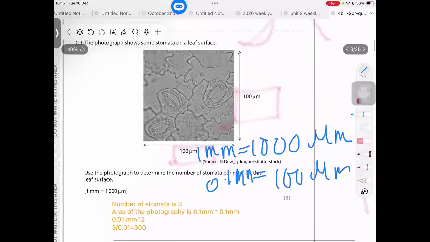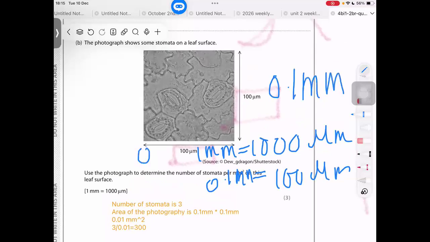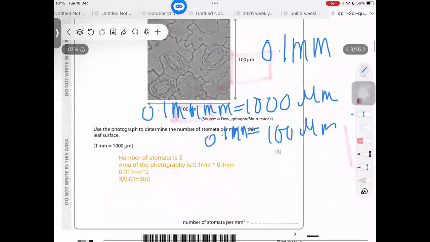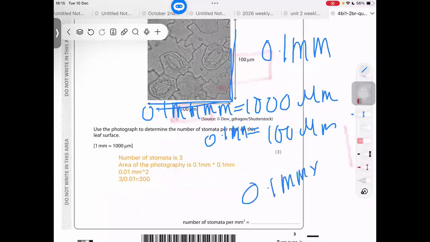So therefore, the dimensions are 0.1 millimeters over here and 0.1 millimeters over here. So how do you find the area? You multiply the length by the height. So 0.1 millimeters multiplied by 0.1 millimeters, you get 0.01 millimeters squared, right?